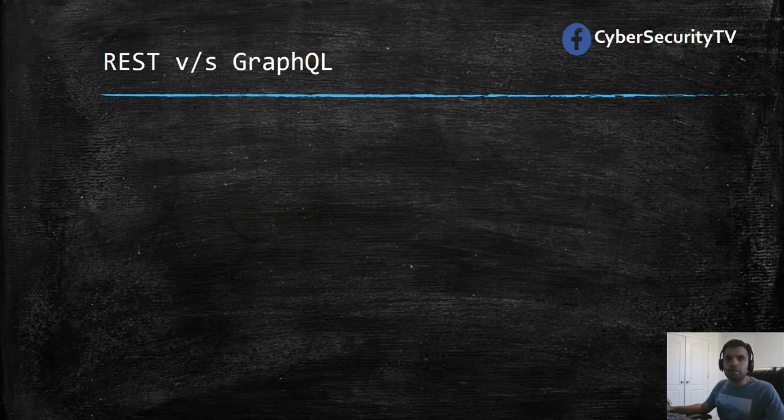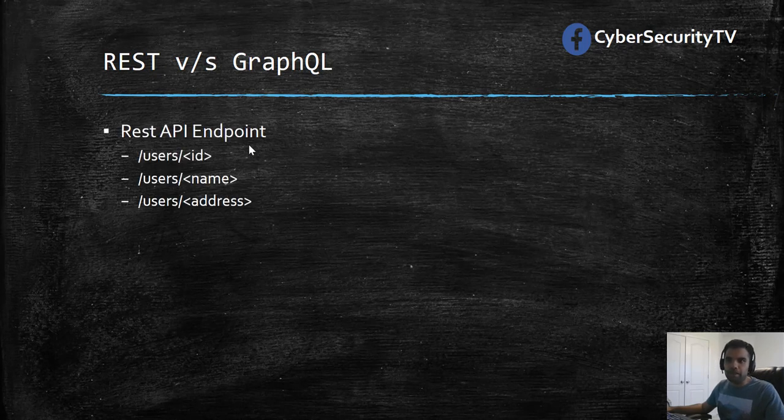So what's the difference between REST and GraphQL? We established it's similar to REST, so let's see the difference. For example, in a REST API, let's say you need a user ID, so you will have this endpoint. Then you need the username, and then you have the user address. So now you have three different endpoints for the information that you want to fetch. Here's how you can simplify with GraphQL.